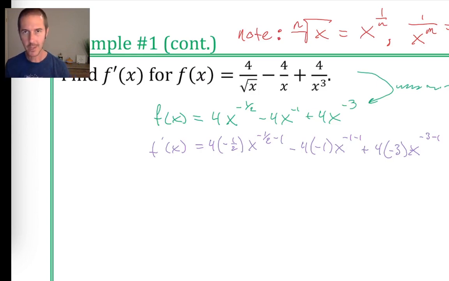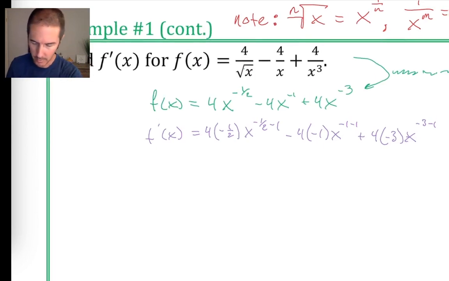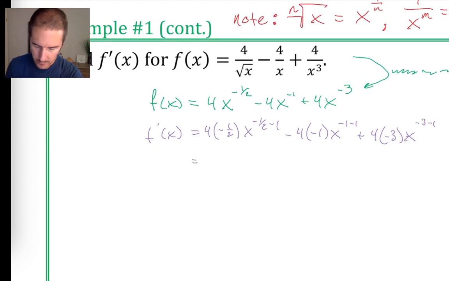And after that, it's housekeeping. You just got to clean this up, make it look better. I've got negative 2, because half of 4 is 2. You see the multiple of the negative there. And I've got x to the negative 3/2 power. I've got a double negative in here, so that's going to become plus 4 times x to the negative 2nd power.